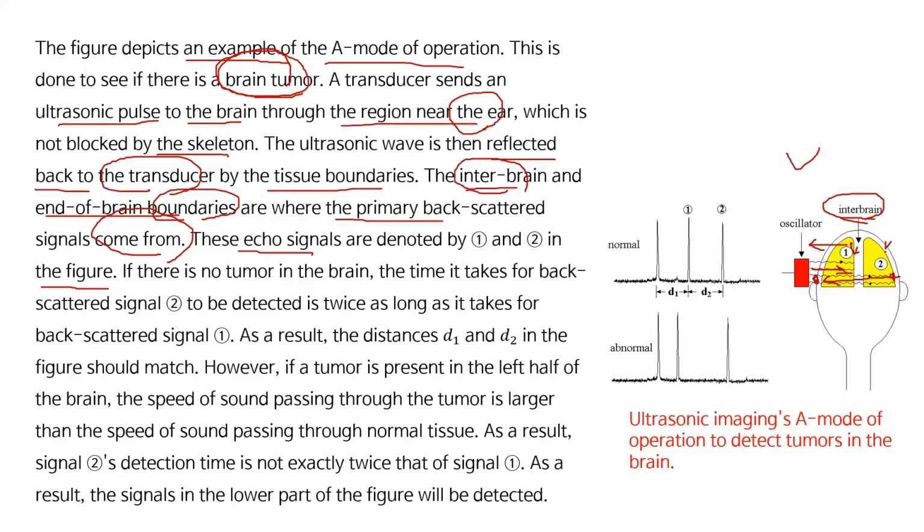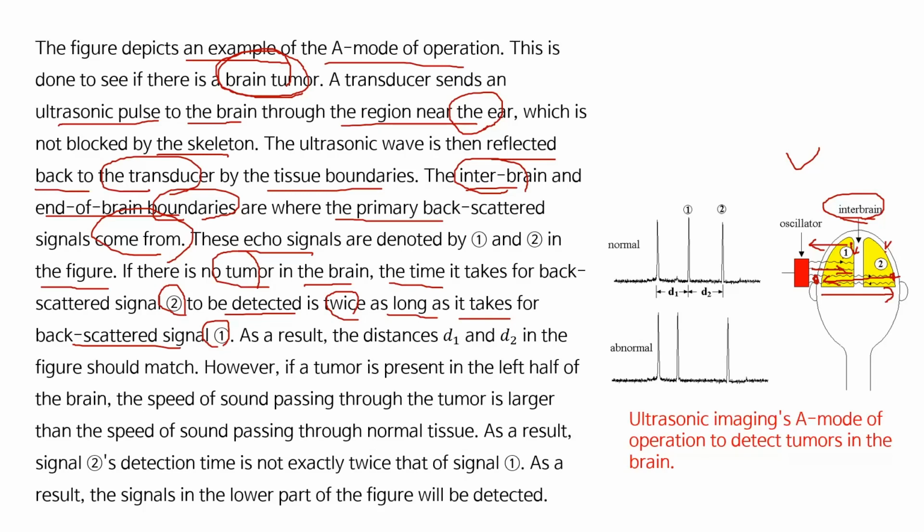If there is no tumor in the brain, the time it takes for the backscattered signal 2 to be detected is twice as long as it takes for backscattered signal 1, because for signal 2 the traveling distance is twice that of 1.